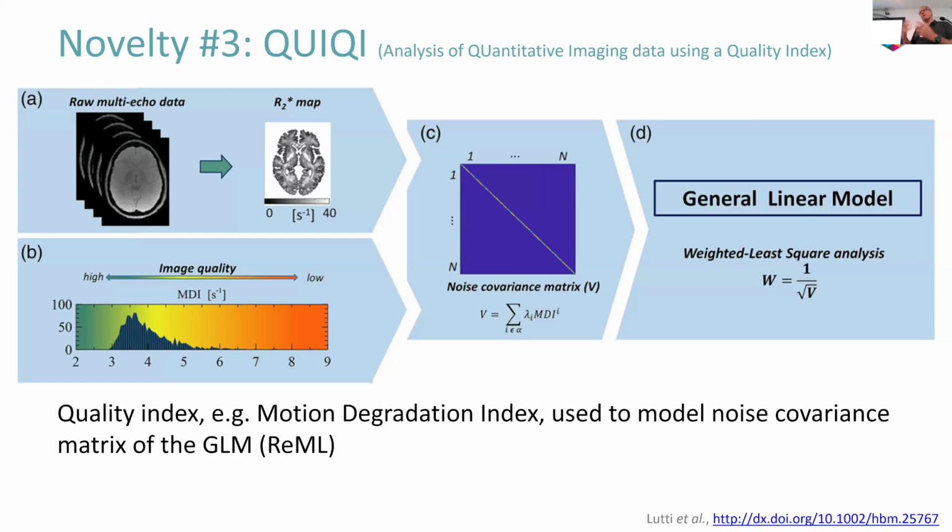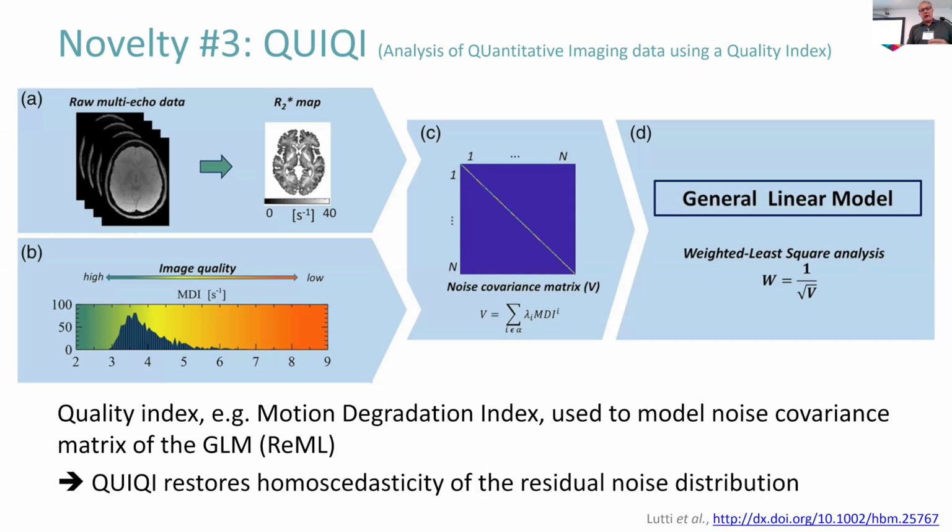And so that's down weighting those less reliable measures. That was shown in a paper by Antoine. That's overall improving the statistics and whitening the residuals and the variability, the variance across all the subjects in the study. And finally, more IT, that's the homoscedasticity of the residual noise distribution.